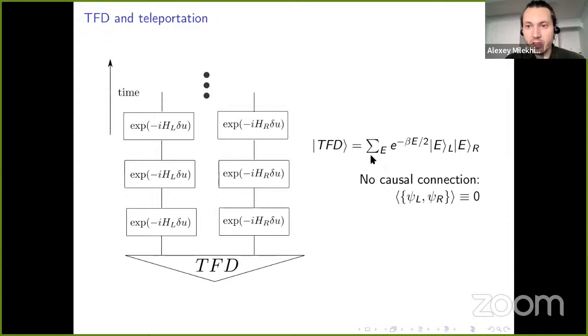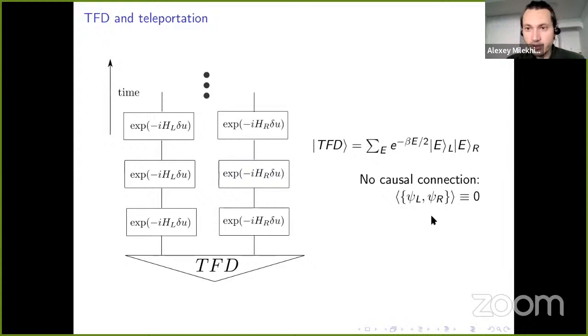This is a sum over the energy eigenvalues of a single system. So time goes up. I will follow the SYK convention and denote physical time by u. Don't ask me why. It's what people use in SYK all the time. And this system, I assume that it undergoes dynamics according to the Hamiltonian H left plus H right, such that the two systems evolve independently.